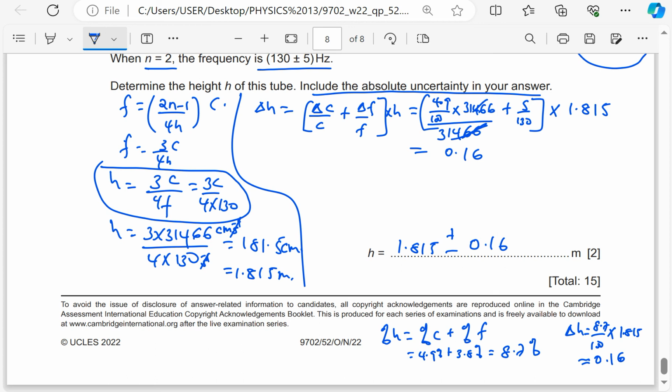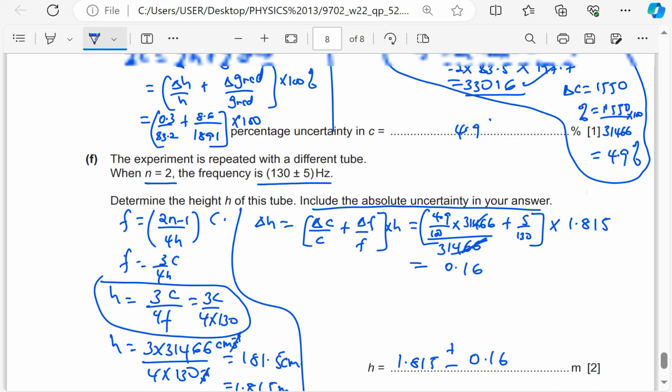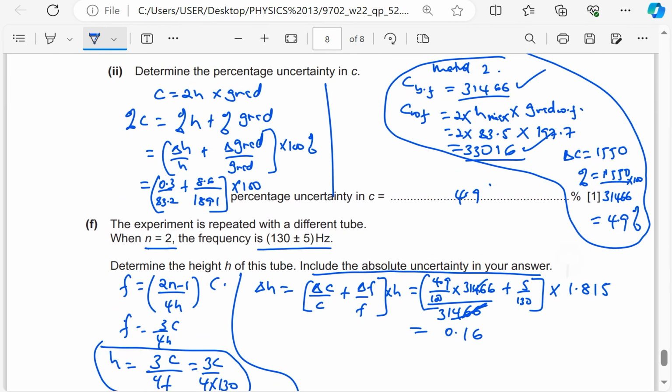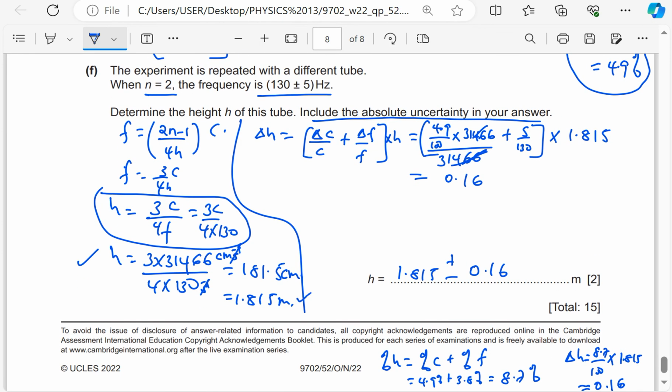Another method to determine the uncertainty in H would be to use C for the best fit, as we have done in the previous part here. Here when I'm finding H, this was H for the exact value.